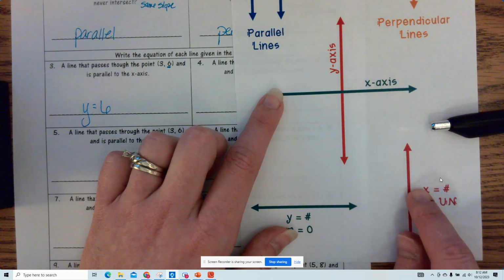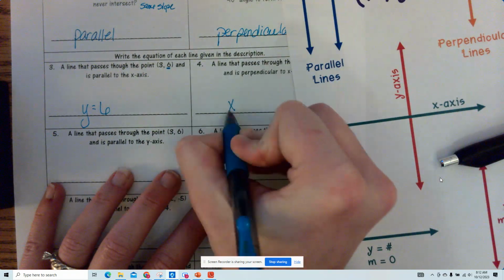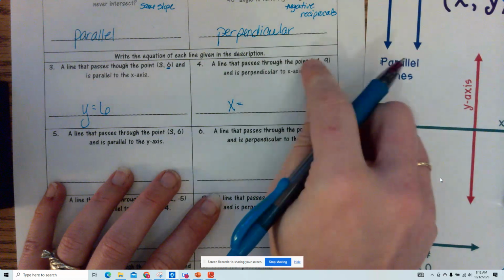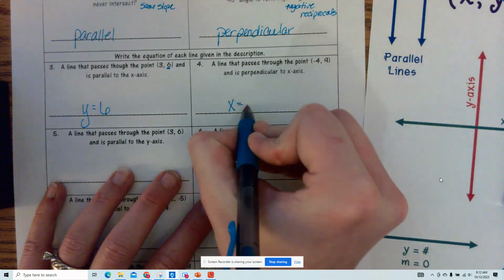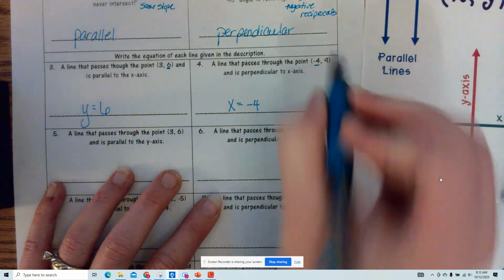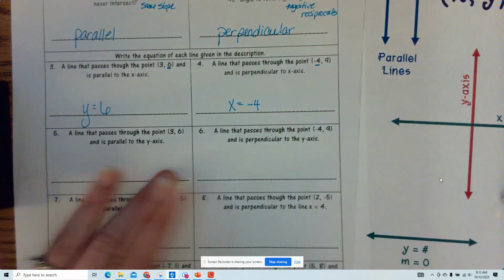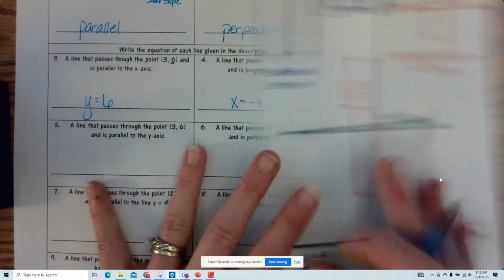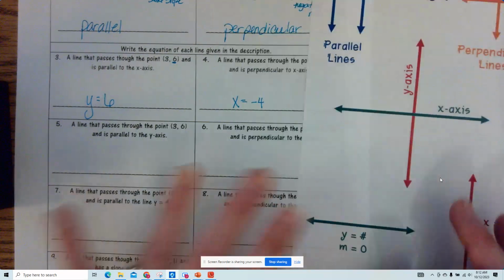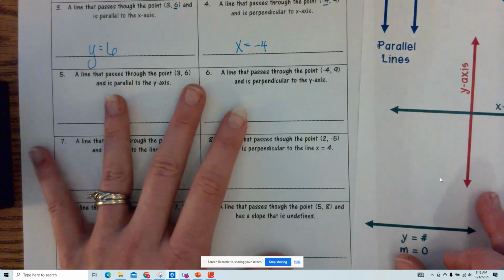So we know it's going to start with x equals, and then you just look at your ordered pair. X is always the first value, and that's what it's equal to, that x value, that point there. So on these that are parallel and perpendicular to the x and the y-axis, this helps you work through them, but there's not a lot of math to them.